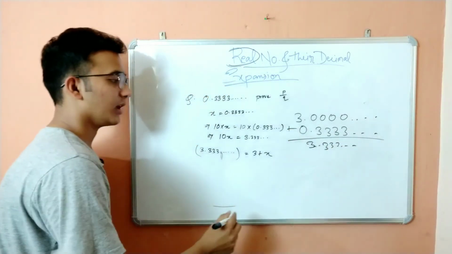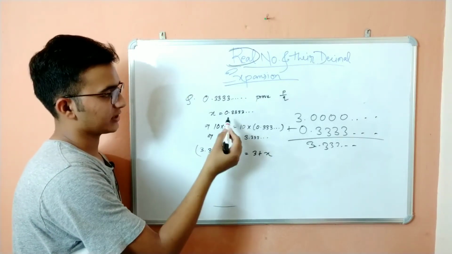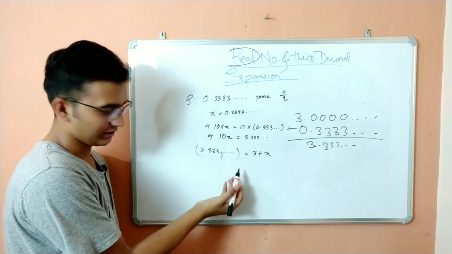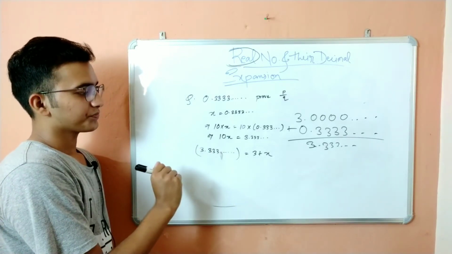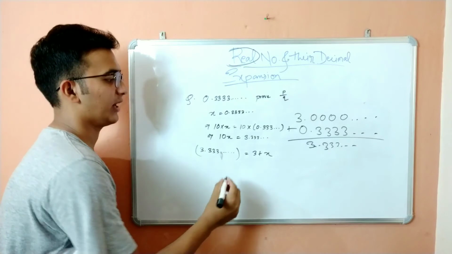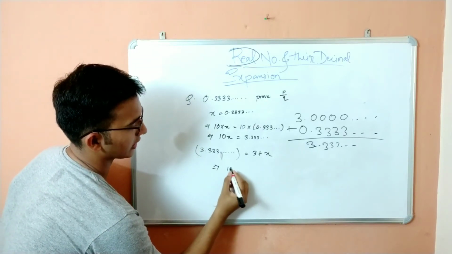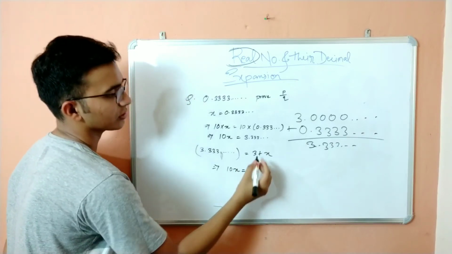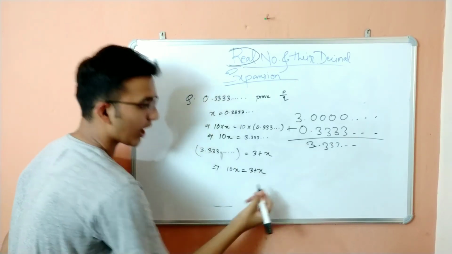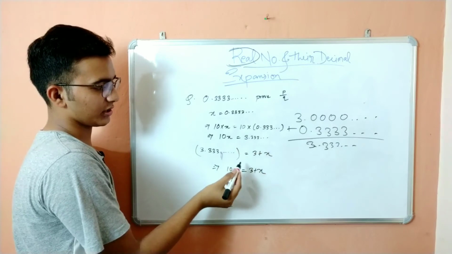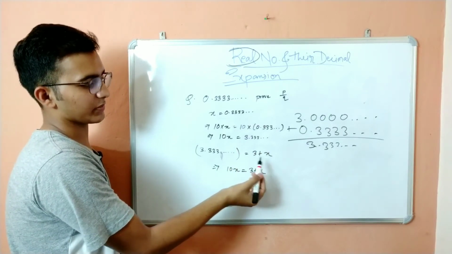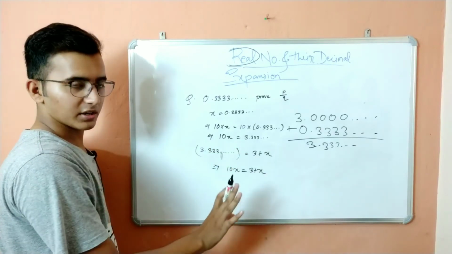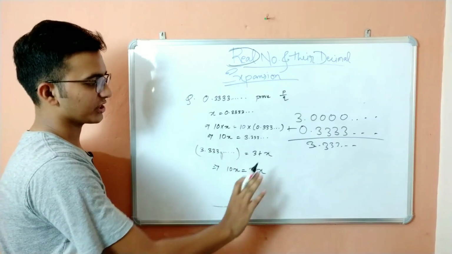So I can say that because the value of x is 0.33, when 3 is added to x, I get 3.3333, and it continues. So I can say that 10x equals 3 plus x, because 3.33 I got from x plus 3. I'm not changing the number, I'm just basically solving it. I'm keeping it very simple, I'm not changing the number anywhere.